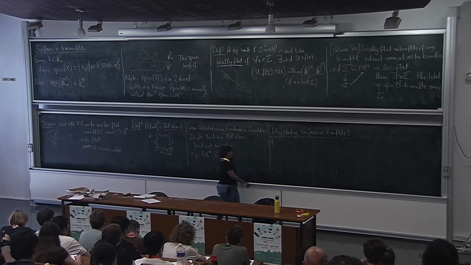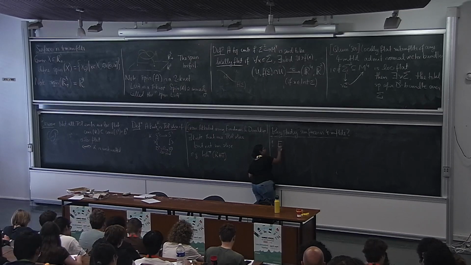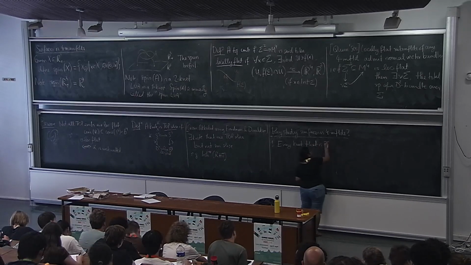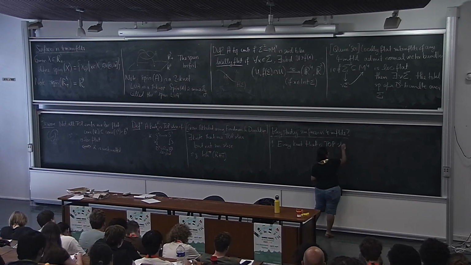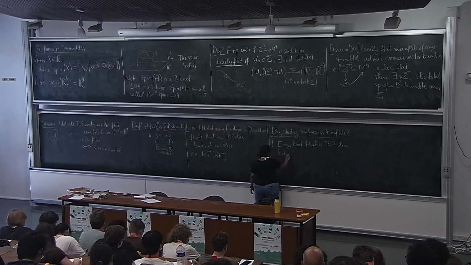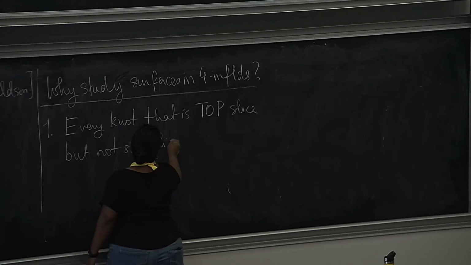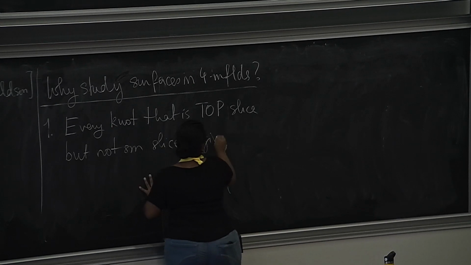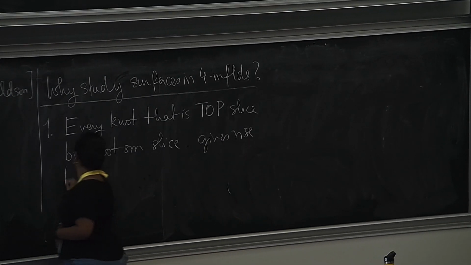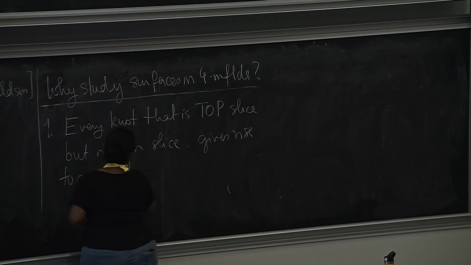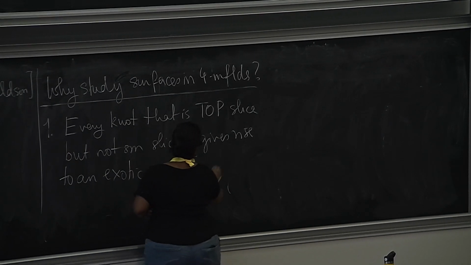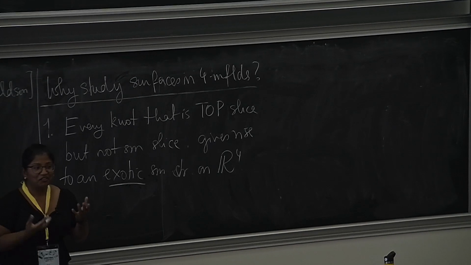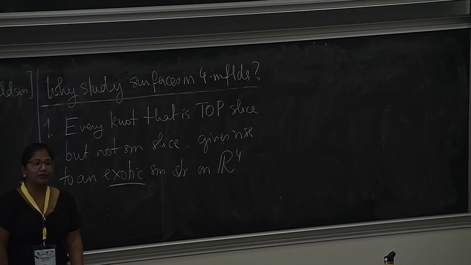First, every knot that is topologically sliced but not smoothly sliced gives rise to an exotic smooth structure on R4. Exotic means it's not diffeomorphic to the standard smooth structure on R4.